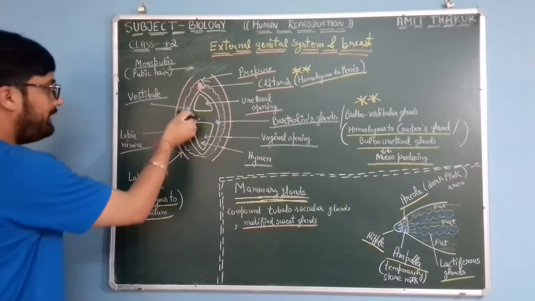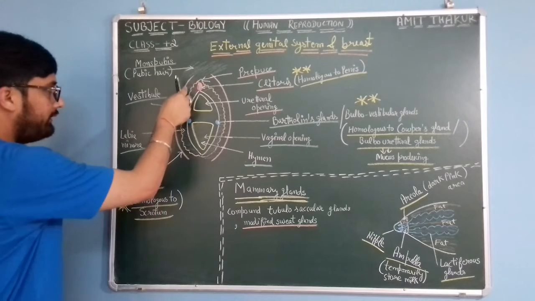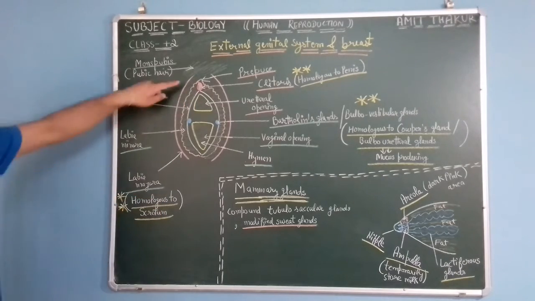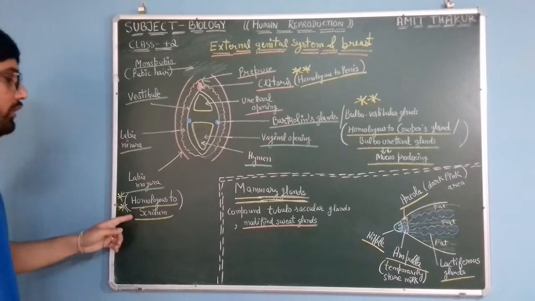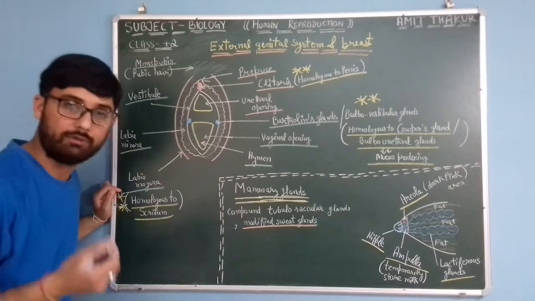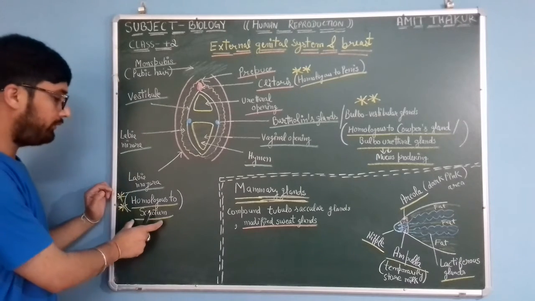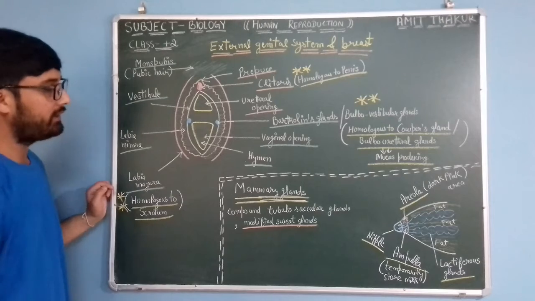Outside this labia minora, there is another muscular layer, which is known as the labia majora. This labia majora is homologous to the scrotum, a muscular pouch in males.